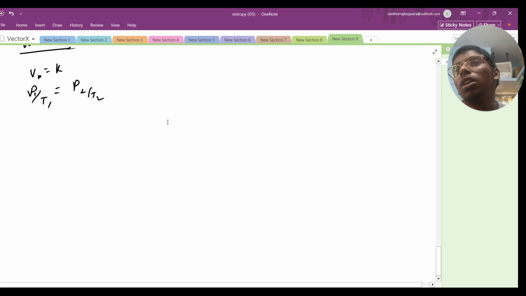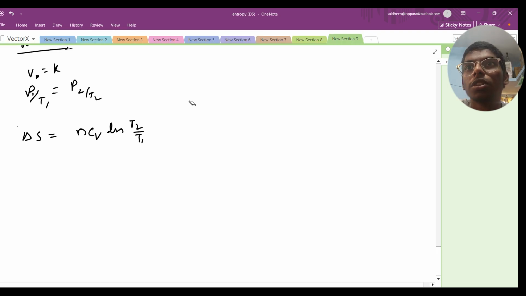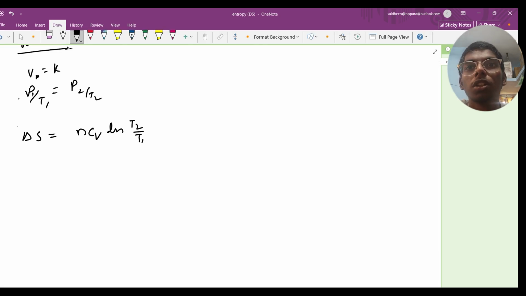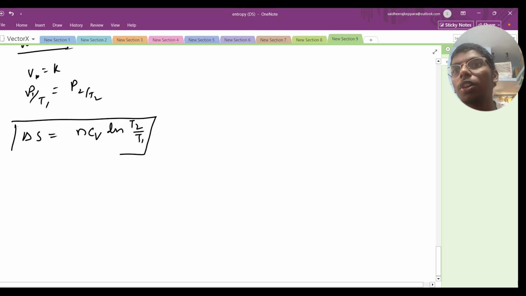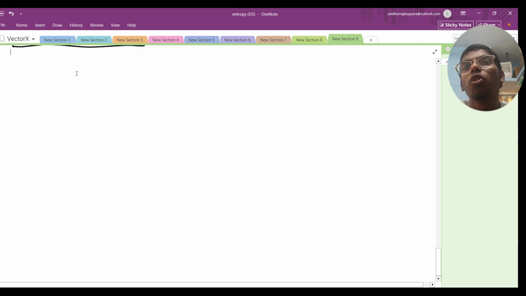Next, here again we will just substitute that, then you will get nCv ln T2 by T1 plus 0. Because again, the simple reason, if volume is constant then it's going to be ln 1, and the value of ln 1 is 0.